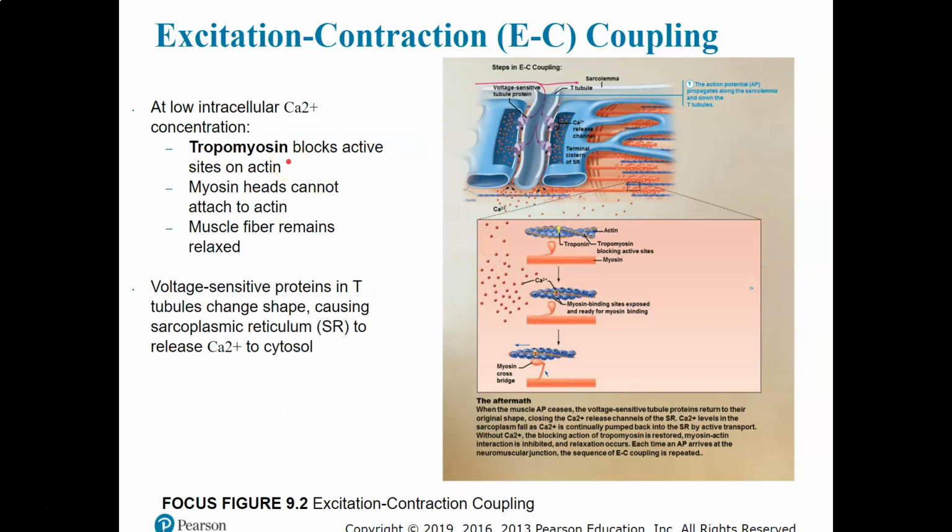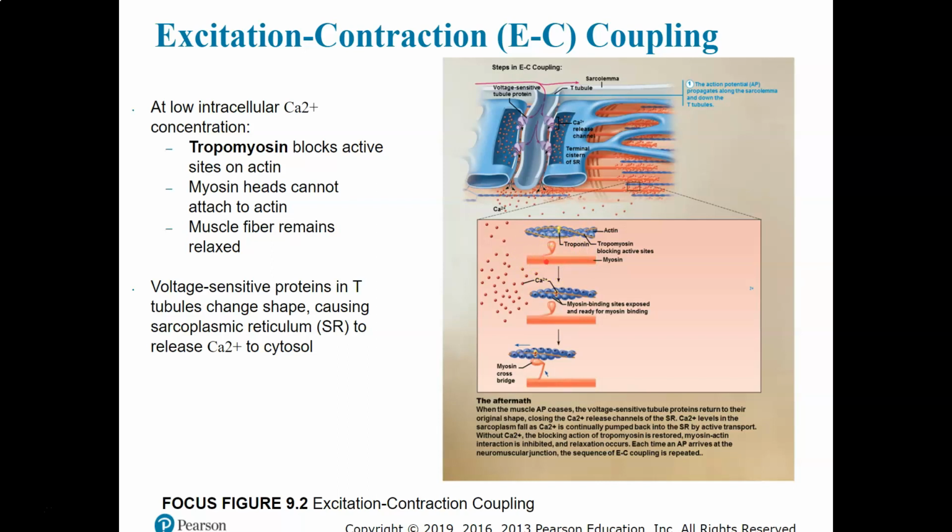How does calcium lead to muscle contraction? Well, remember that we have the thin filaments and the thick filaments. The thick filaments are a protein called myosin, and myosin has these head groups on them that can grab onto actin.